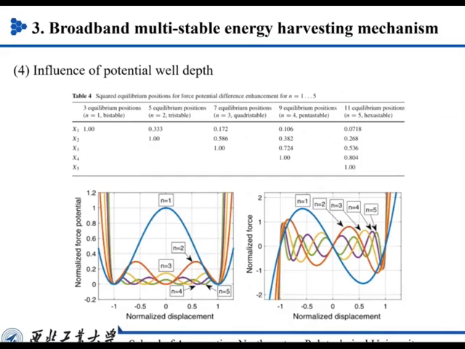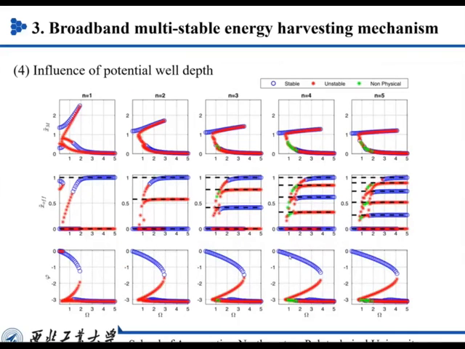For the potential well depth, we focused our research on different multi-stable energy harvesters. If we confine the distance between the two outside stable equilibrium positions to be the same, then as the number of equilibrium positions increases, the potential well depth will decrease.